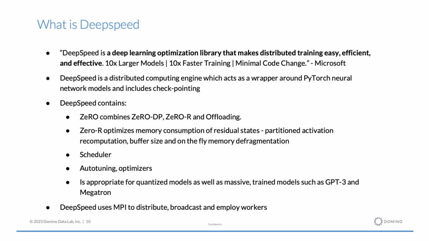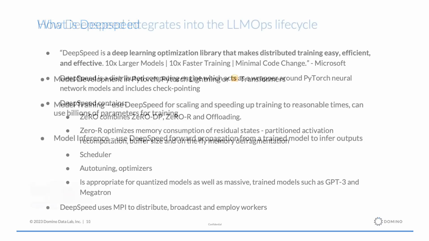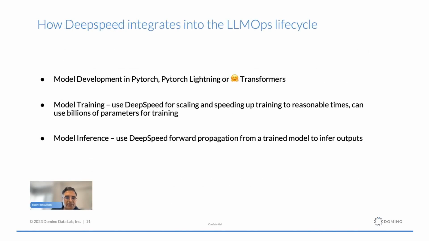So it gives you these sorts of techniques too out of the box. But more or less, data parallelism and ZeRO-R with offloading is what's most popularly used. Like I mentioned before, DeepSpeed uses MPI, or it can use the NCCL backend. Now, that's all DeepSpeed, what happens under the hood.